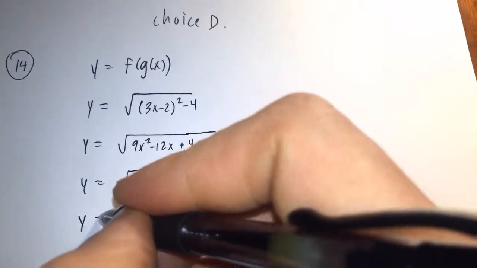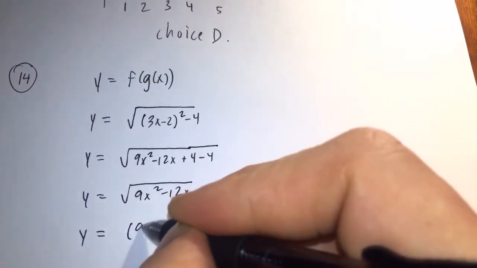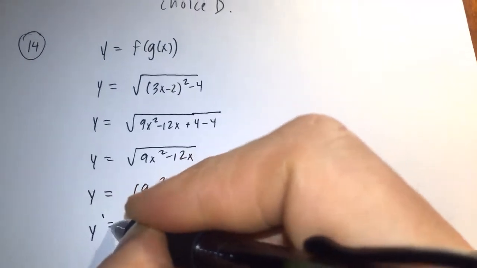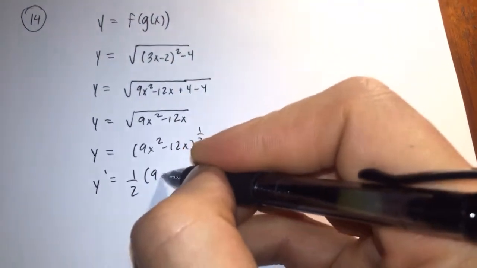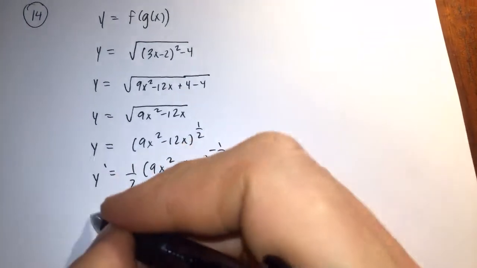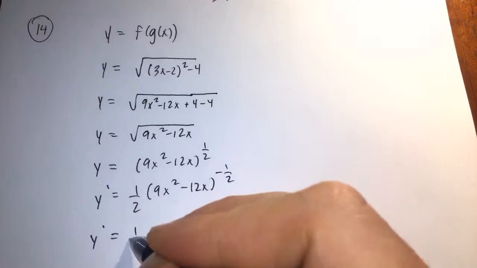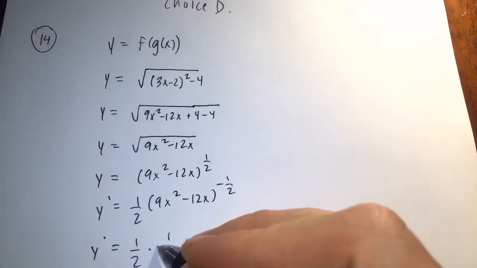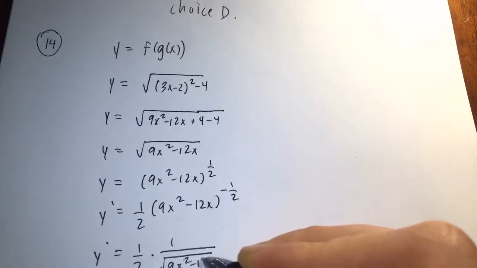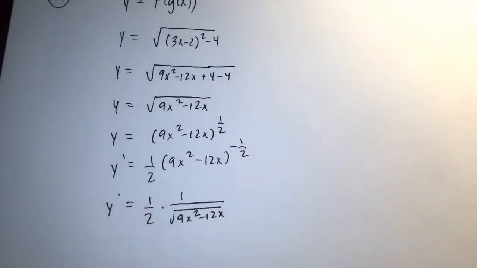So now I want to find the derivative. So I'm going to say 9x squared minus 12x to the 1/2. So y prime should be 1/2 times 9x squared minus 12x to the negative 1/2. What that means is I'm doing 1/2 times 1 over square root of 9x squared minus 12x.